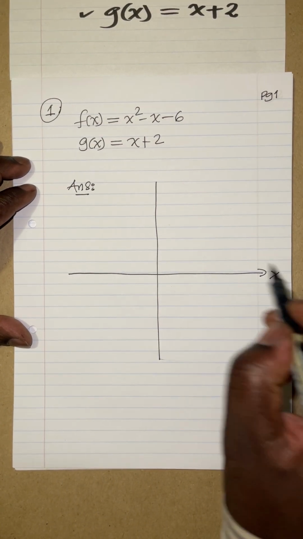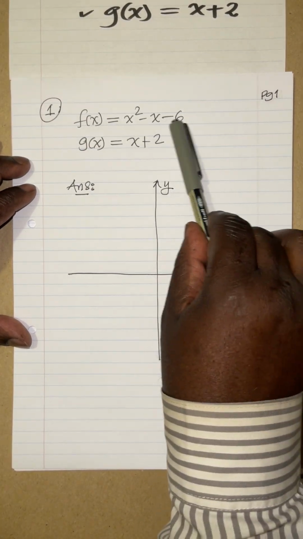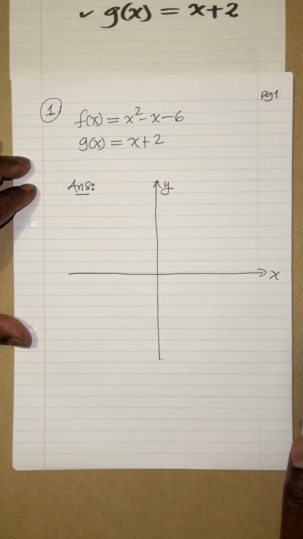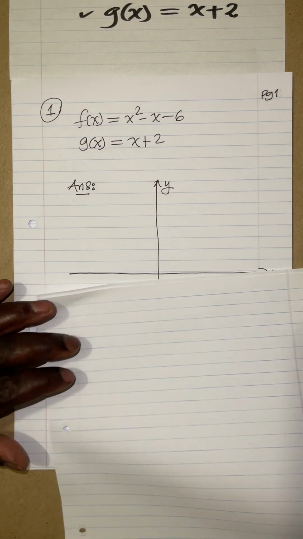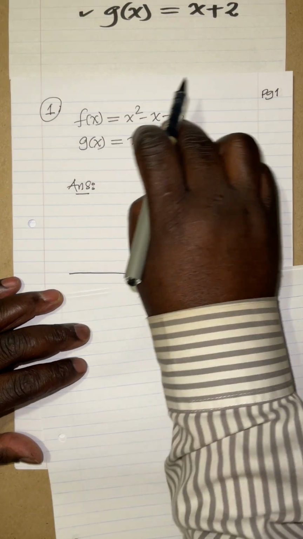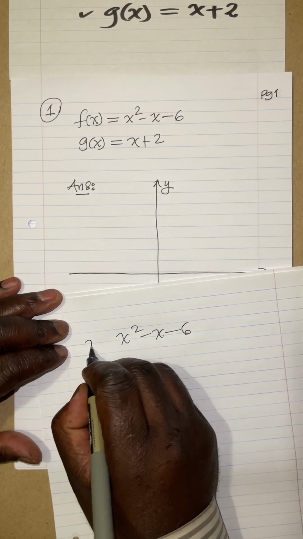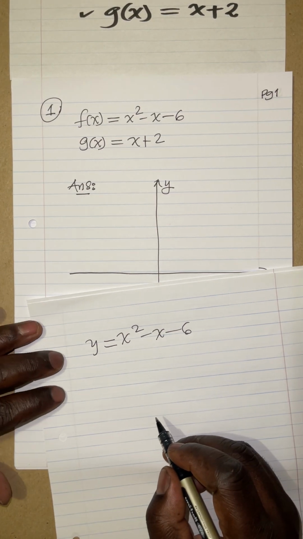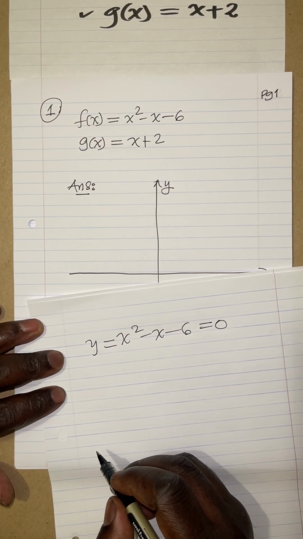Briefly, here is our x-axis and y-axis, and looking at this function, if you try to factorize it, you will see that it has two x-intercepts. Check this out: y equals x squared minus x minus 6, and to determine the x-intercept you have to equate this to 0, because on the x-axis y equals 0.